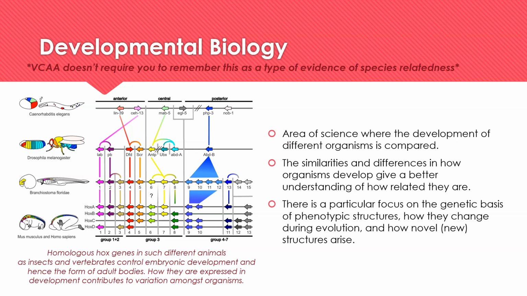And so we're really looking at the similarities and the differences in how organisms develop, and the theory is that the more similar the patterns of development, the more closely related those two species would be. There's more of a particular focus on the genetic basis of phenotypic structures nowadays than just what you can see: what's the actual genetic basis for it, how those features change during evolution, and how novel or new structures arise. So that's developmental biology.